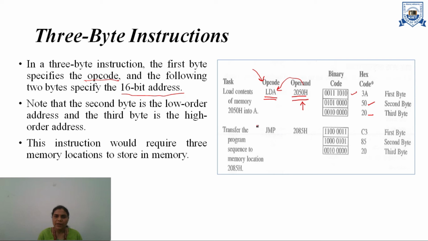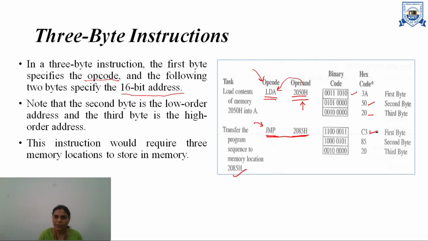In another example we have JMP 2085. Here we are taking a jump branching condition. It specifies that the control will jump to the specified address. So transfer the program sequence to this memory location. It means branching the control of the execution to the specified address. This command will be represented by 3 bytes.